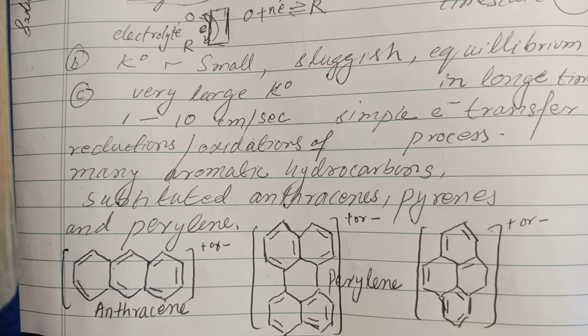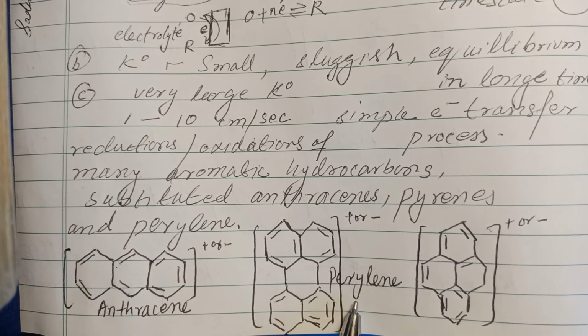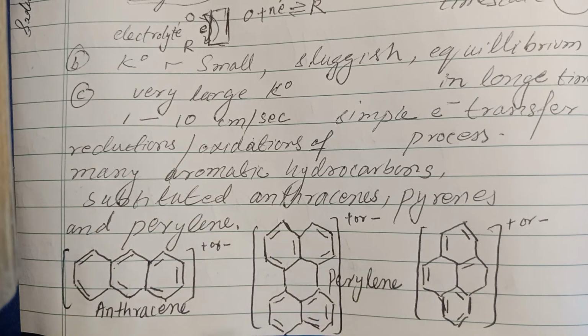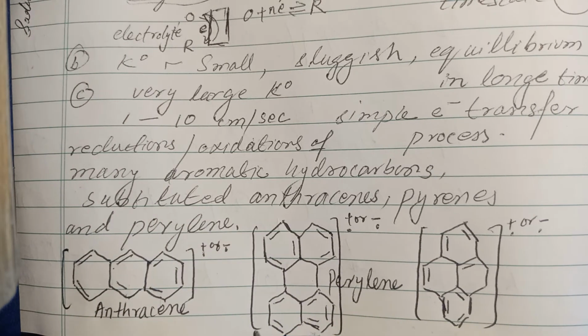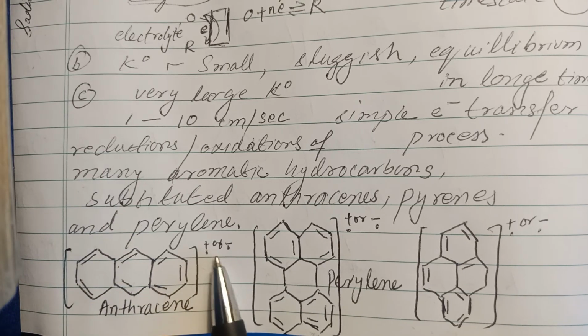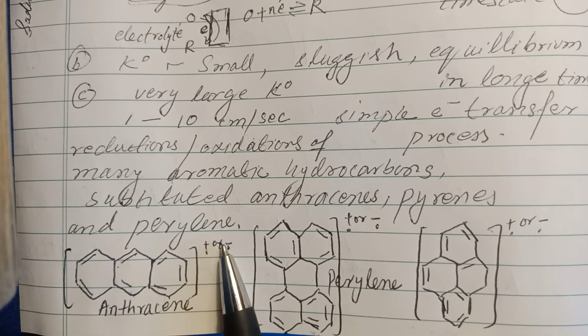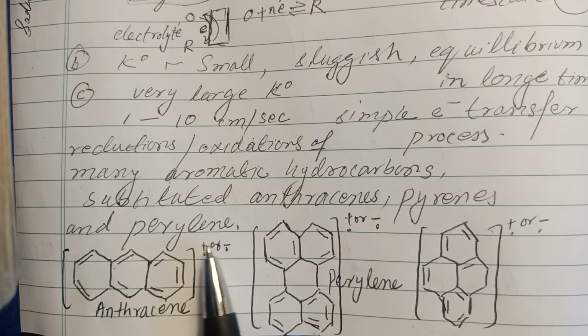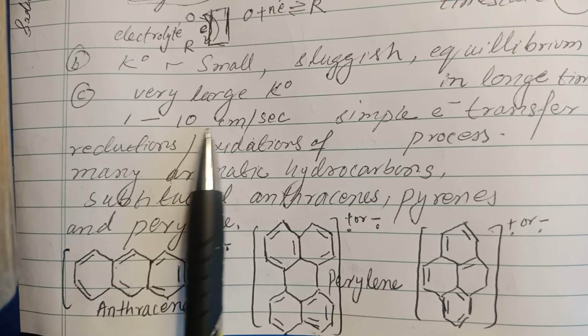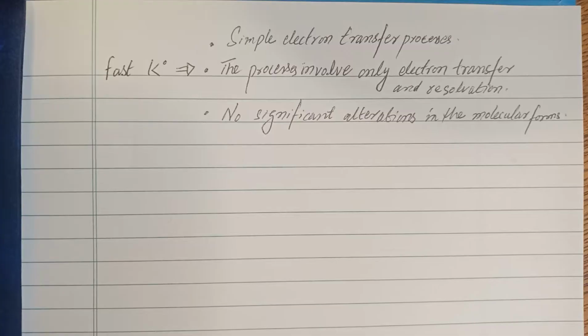The structures of anthracene, perylene, and pyrene are given here. Their anion and cation radicals fall in the category of very fast standard rate constant.